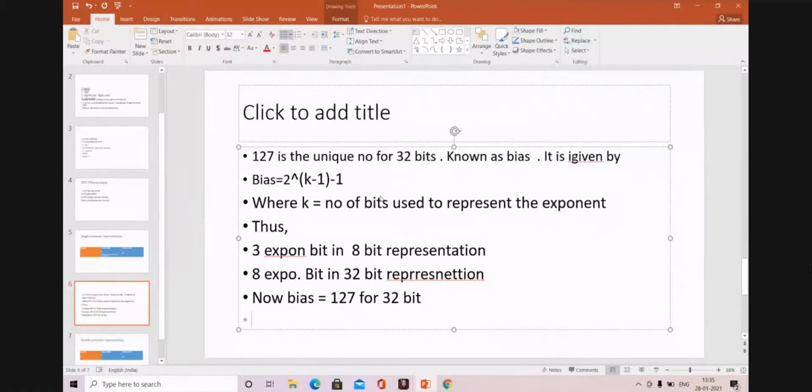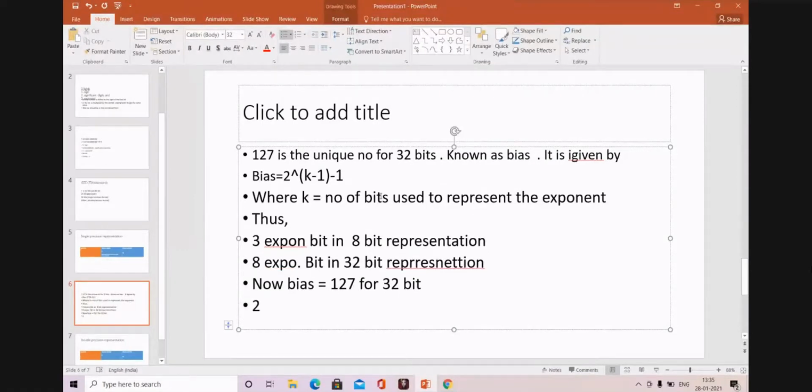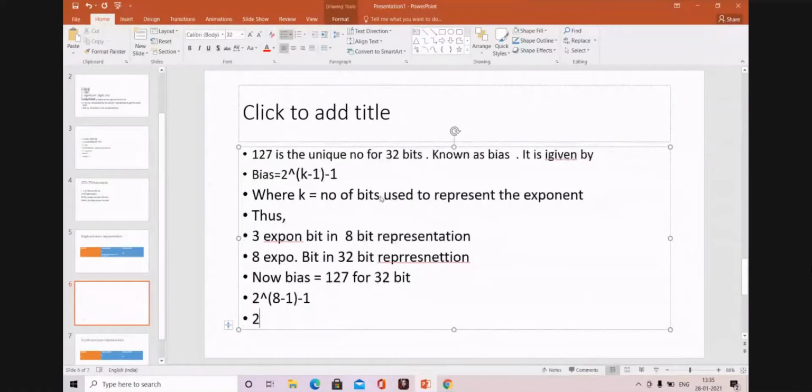So 2 to the power of 8 minus 1, that is minus 1. Let me write like this: 2 to the power of 8 minus 1, minus 1. What did you get? 2 to the power of 7 minus 1.